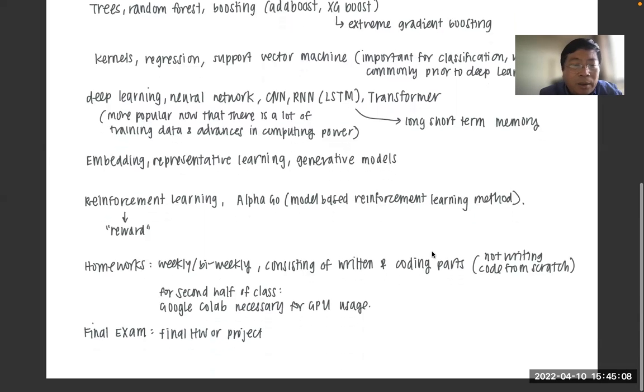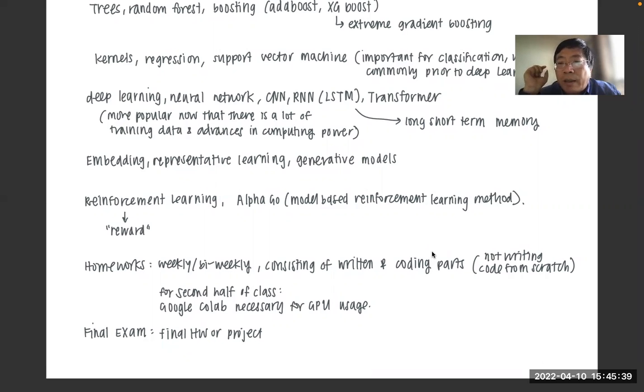So for the homework, we shall have weekly or bi-weekly homework, which consists of written part and also the coding part. For the written part, mostly you only need to go over the lectures or watch the videos, so that you can replicate some of the key results that we covered during the class, or maybe a little bit of generalization or extension.